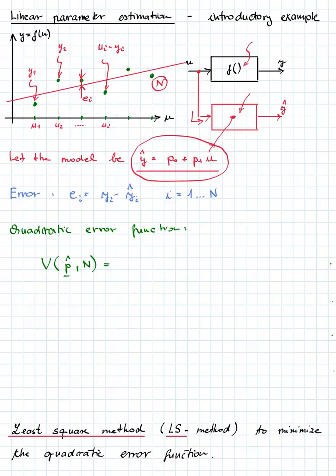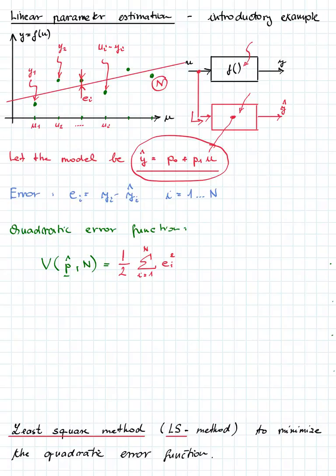So how to define the quadratic function? It's a half. We are going to speak about why we need the half. The sum is from 1 to n, and we are going to get the square of the errors.